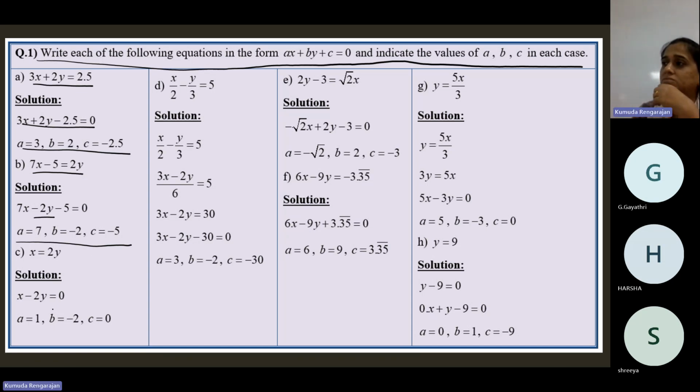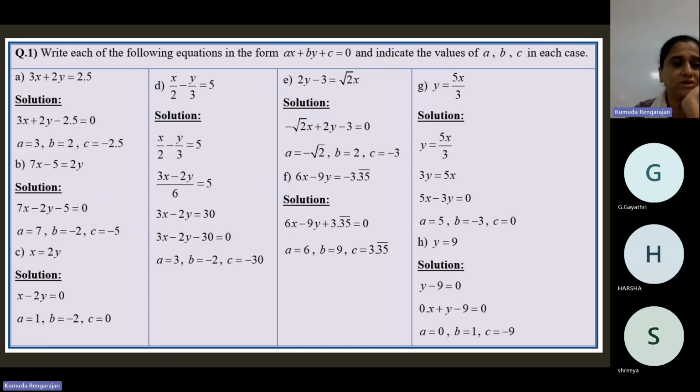What's the standard form of a linear equation in two variables x and y? ax plus by plus c is equal to 0. So you'll be comparing the given equation with the standard form ax plus by plus c is equal to 0. Correct?